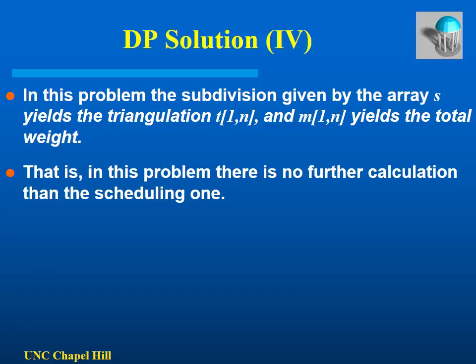But it is actually a little bit simpler than matrix chain multiplication, in that the array S itself here yields the triangulation that we needed, and we're done. Whereas in the matrix chain multiplication problem, we needed to use the schedule array S in a further calculation that actually multiplied the matrices together.